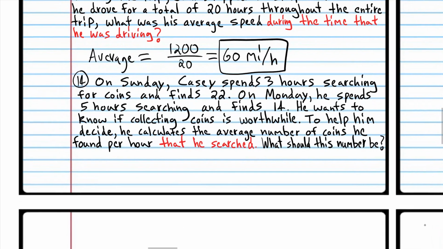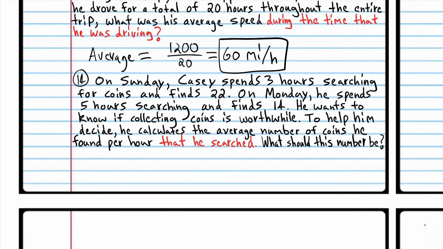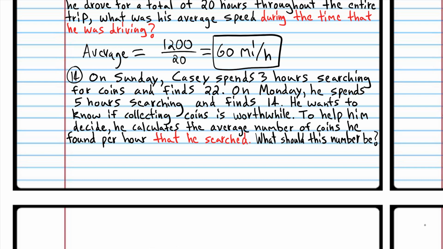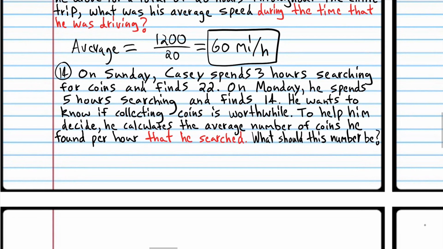So let's do another problem. This is not going to be an average speed problem. This is just an average rate problem, because we're not actually traveling a distance necessarily. So it says, on Sunday, Casey spends 3 hours searching for coins and finds 22.